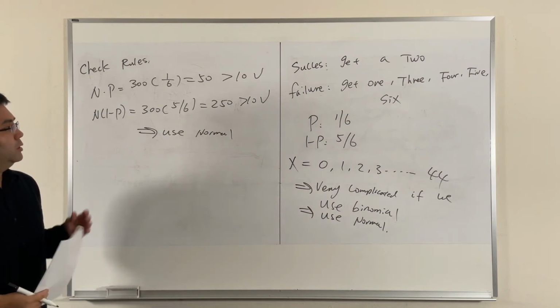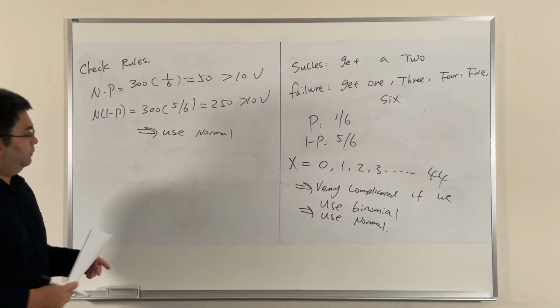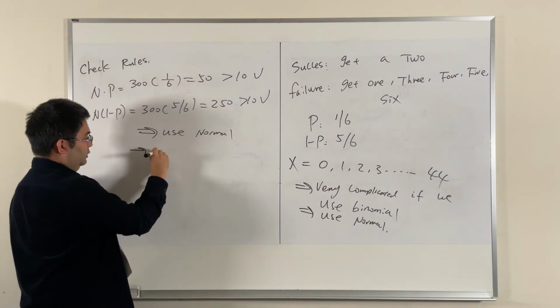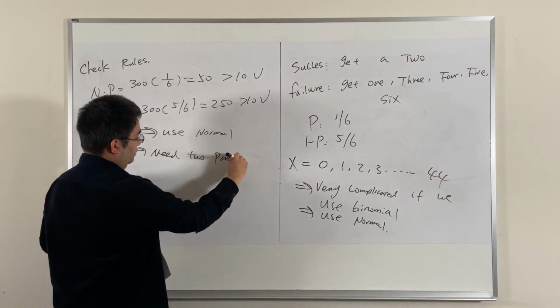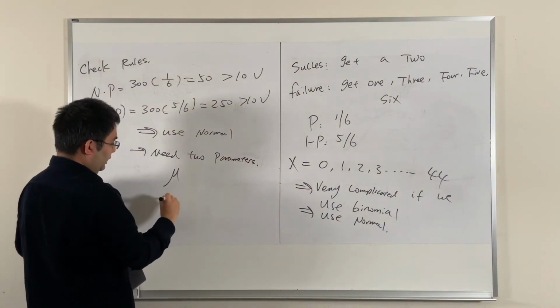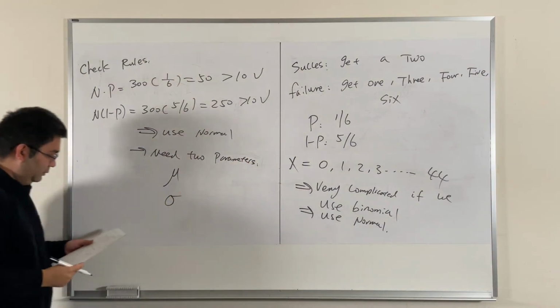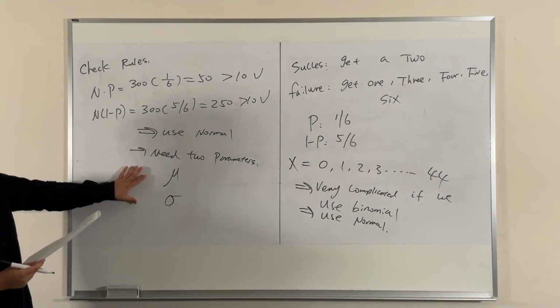Okay, so to use normal distribution, we need 2 parameters. The first one is our mean, and the second one is our standard deviation. This goes back to when we talked about our binomial random variable.